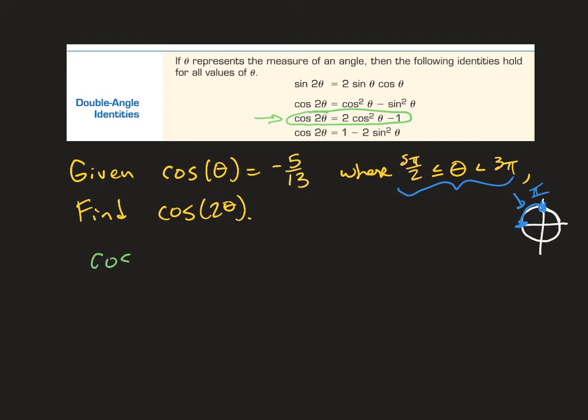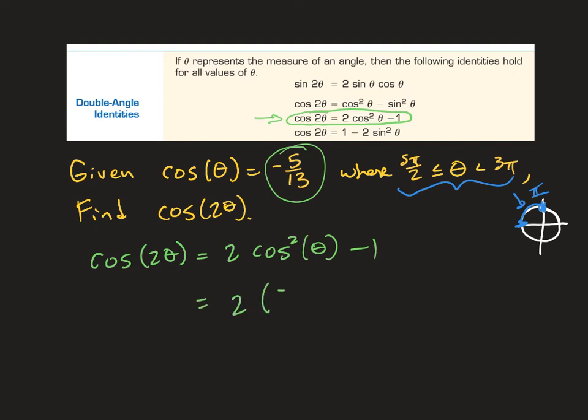I'm going to use cosine 2 theta equals 2 times cosine squared of theta minus 1. And since I already know what cosine of theta is, I can just square that and find this value. So it's going to be 2 times negative 5 over 13 squared minus 1.